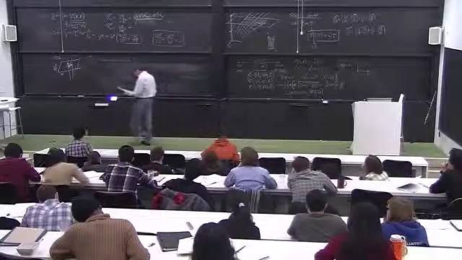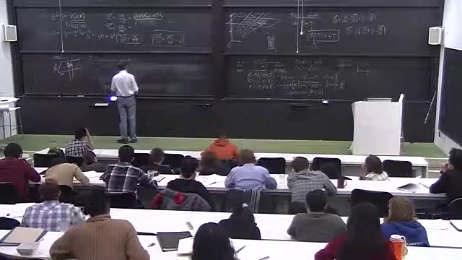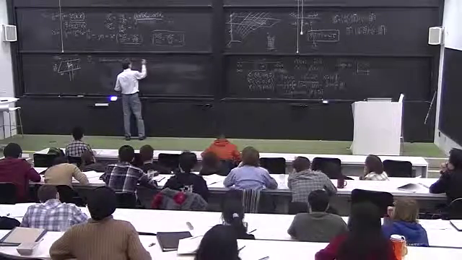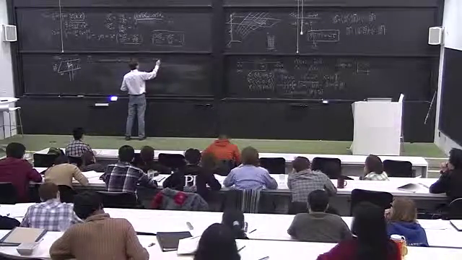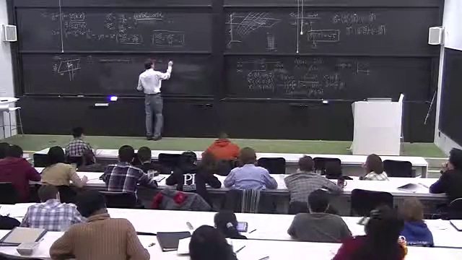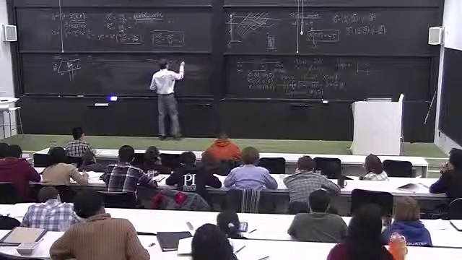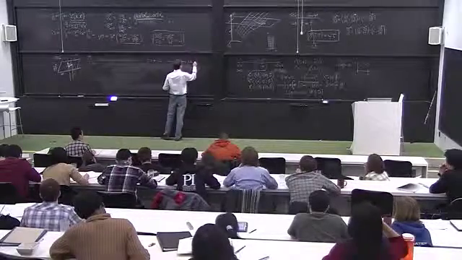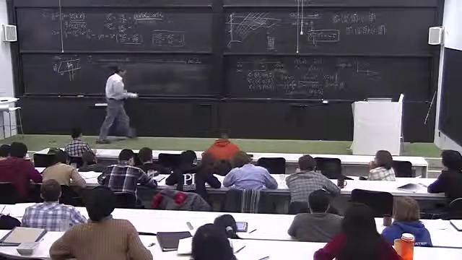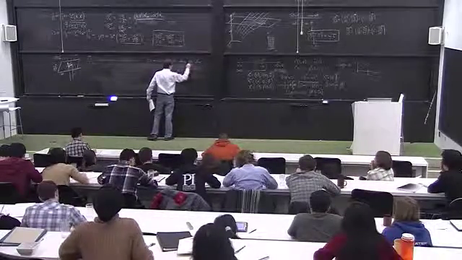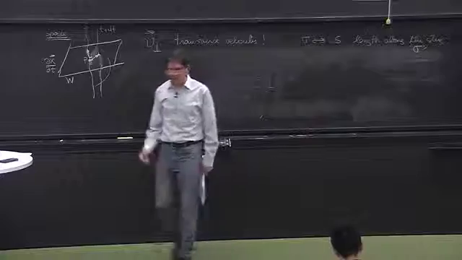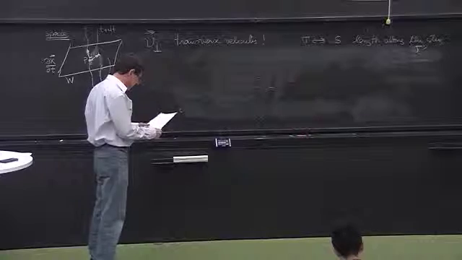So how do we do this? We'll trade sigma for a parameter s, which is going to be a length along the string. Don't confuse it with proper time or anything; I'm sorry, we ran out of letters.